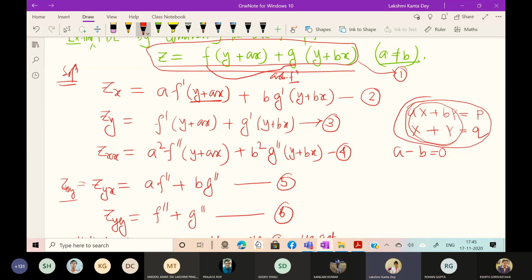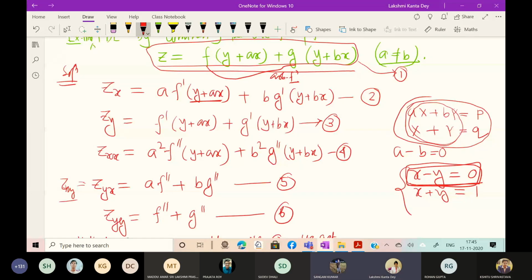Say for example, x minus y equal to 0, and another, x plus y equal to 1. In this case, whatever you get for x and y, if you put it here again, then that is an identity. That is not an equation.